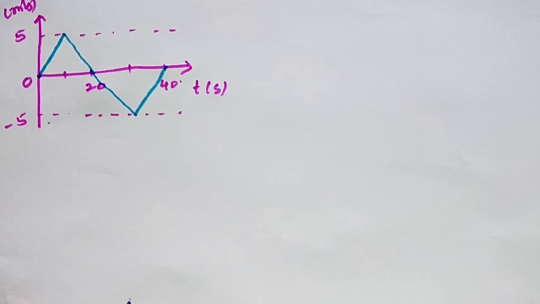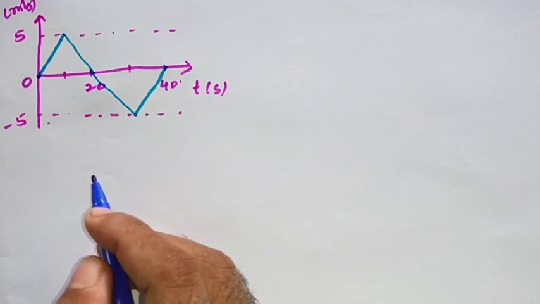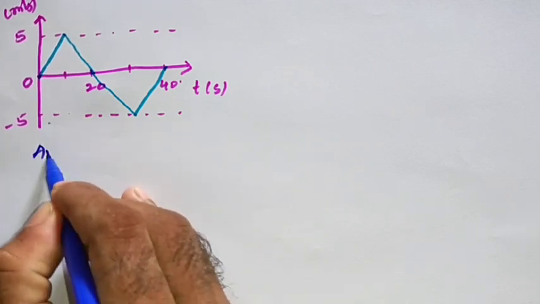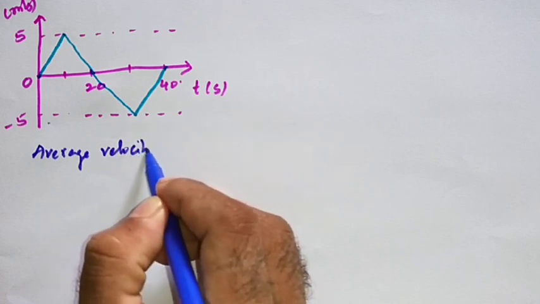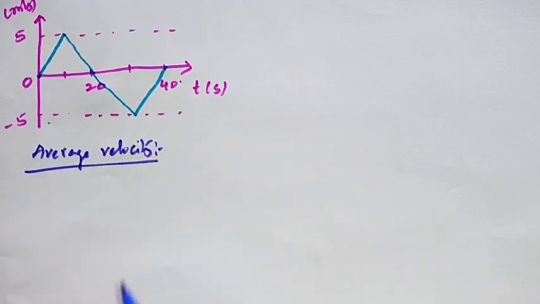From this graph we need to calculate average velocity during the period. What do we need to calculate? Average velocity. Okay? So we know that average velocity is nothing but what? Displacement by time. Yes or no?